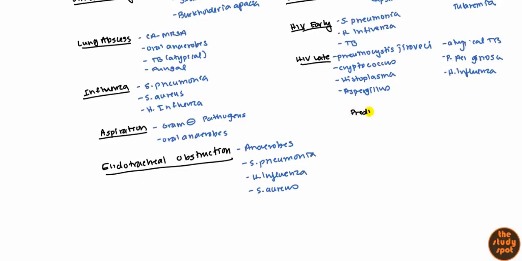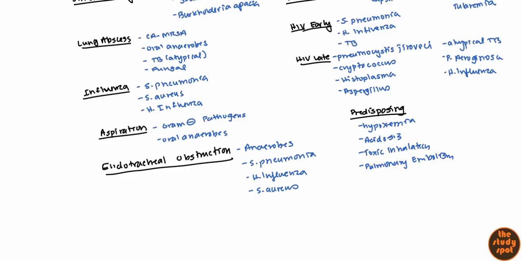Now, there are some conditions that can predispose to pneumonia, not necessarily causing anything particular, but just increasing the risk. This is going to be hypoxemia, so low oxygen, acidosis, toxic inhalation, which can sometimes damage the alveoli, making increased susceptibility to infection, pulmonary embolism, also uremia and malnutrition.